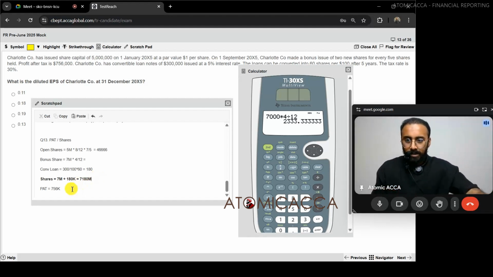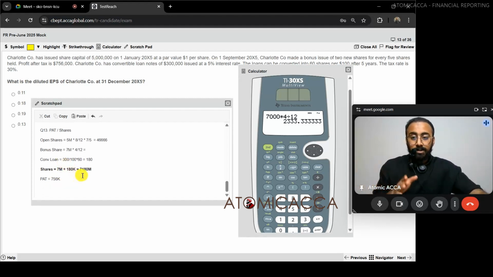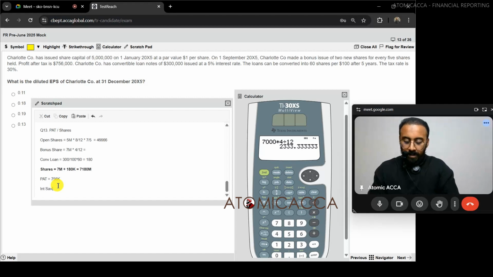Okay, so we got the denominator. What happens with profit after tax? Initially it's 756,000. Because there was a 300,000 loan in the company and now they are converting it into shares, they won't have to pay interest on that anymore. The interest saving is 300,000 multiplied by 0.05. 10% is 30,000, so 5% is 15,000.